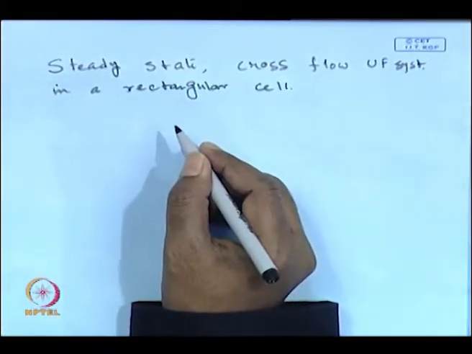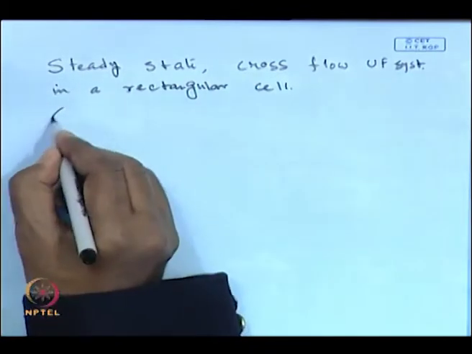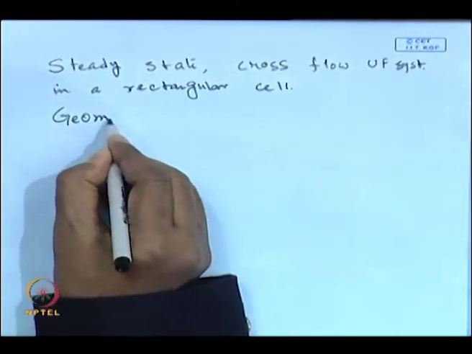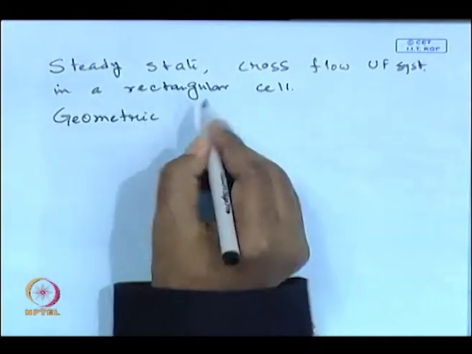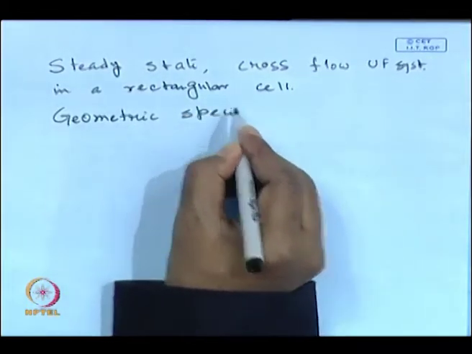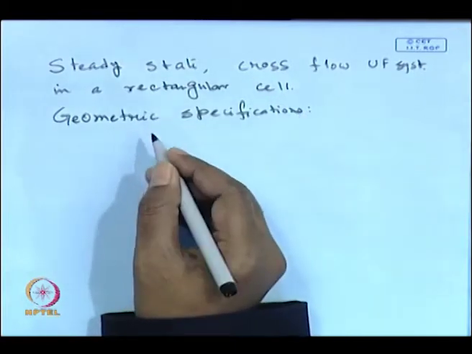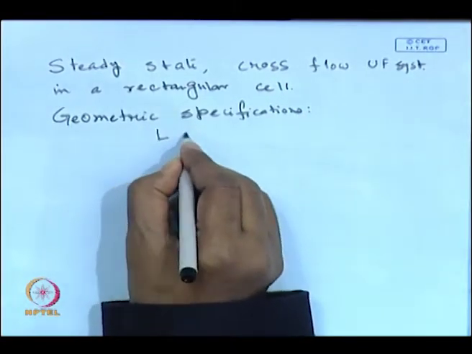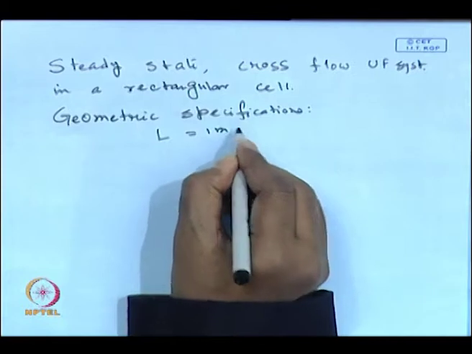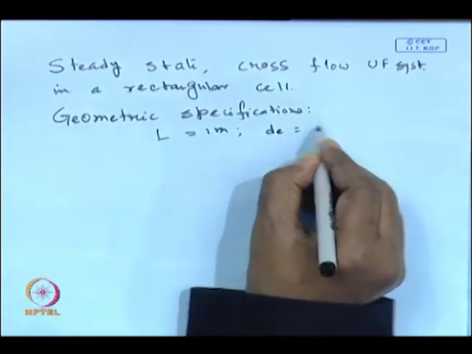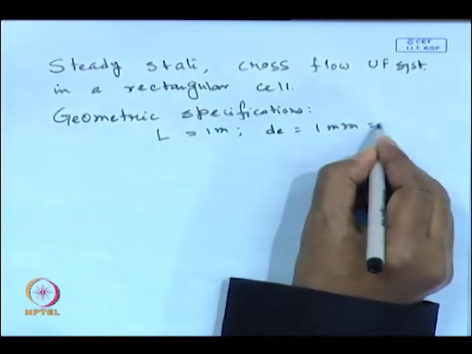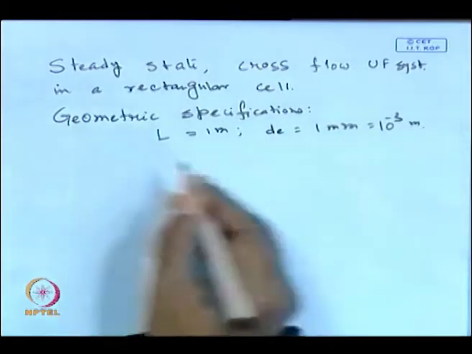The geometric specifications are given: the cell length is 1 meter and the equivalent diameter is 1 millimeter, that means 10 to the power minus 3 meter.